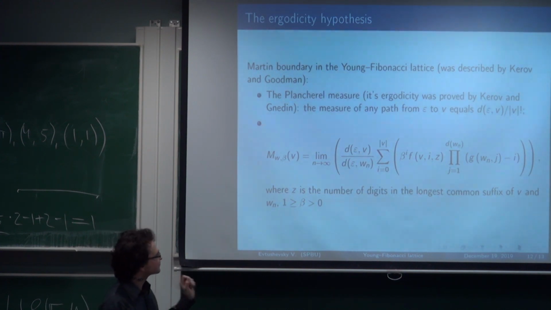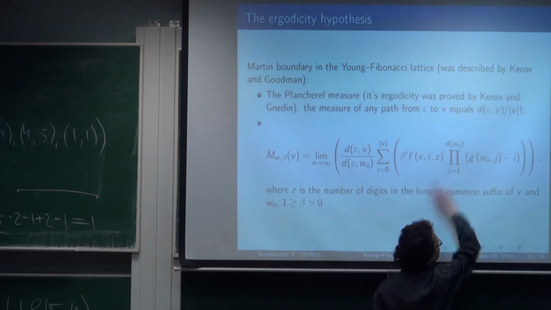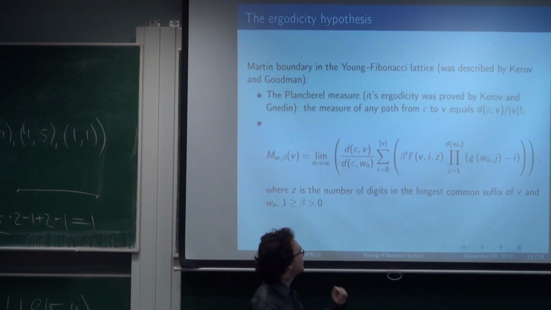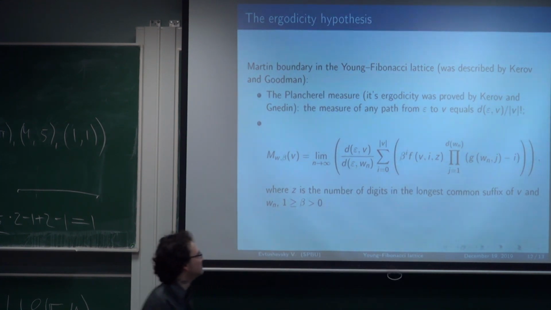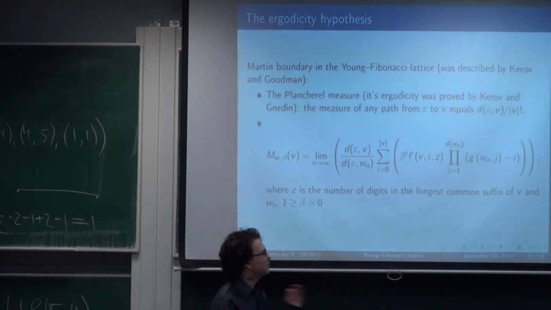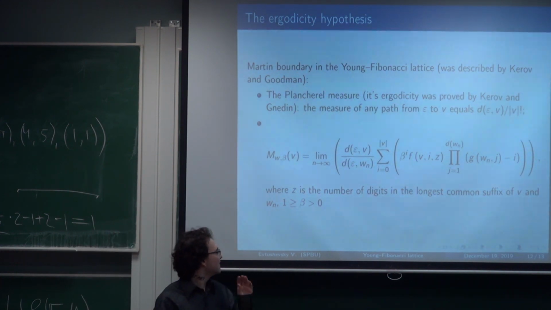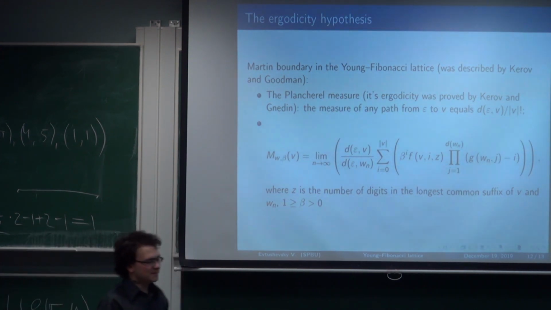And we have this limit. Here, this sum is my first formula, but with this beta in the power of i. Here i is the number of the digits in the longest common suffix of V and Wn, and Wn is the n last digits of W.